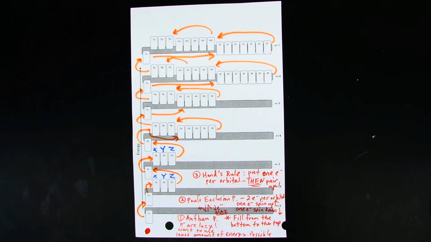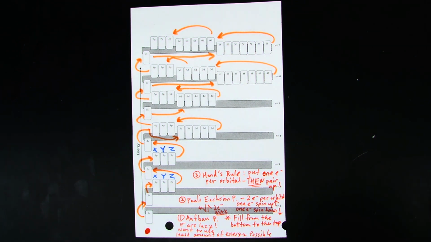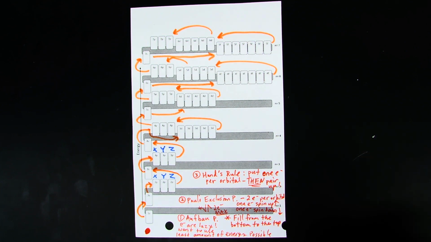If you look on your periodic table, you'll see that fluorine is number 9. That means it has 9 electrons. It's in group 7, so it has 7 valence electrons. So 9 electrons total. We need to know the total electrons so we can put those into our orbital diagram and then write out the electron configuration.